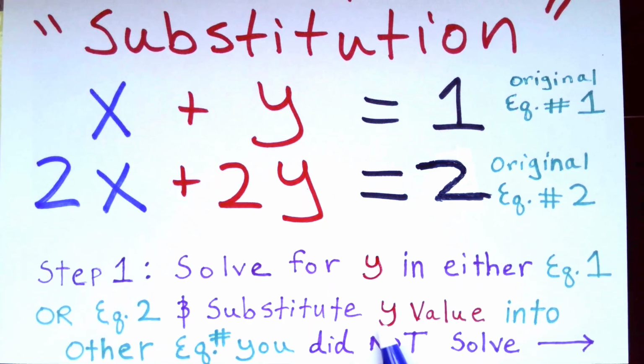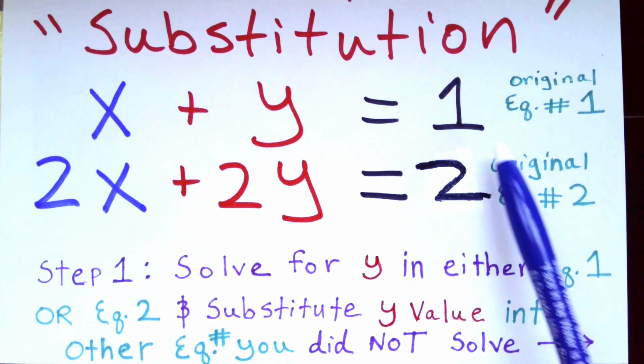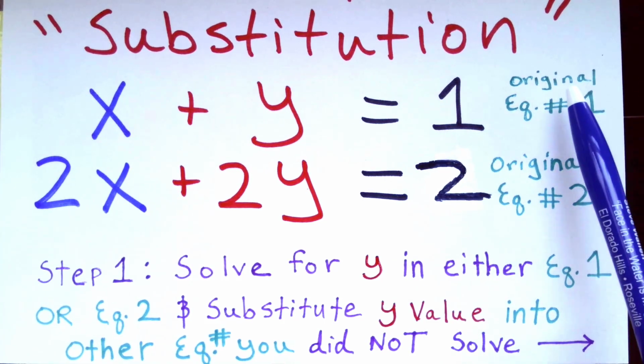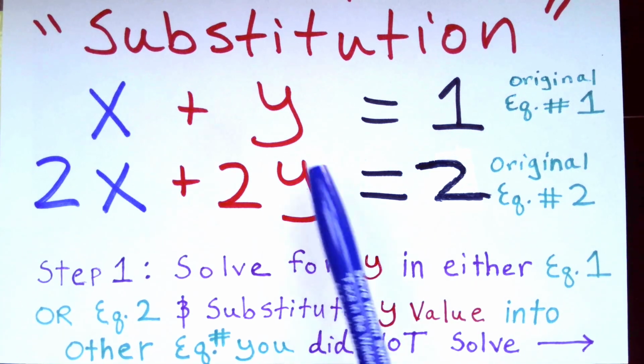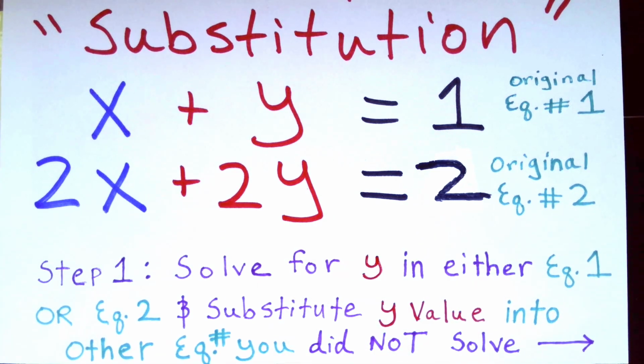Then you're going to substitute that value of y, what y equals, into the other equation that you did not solve for. So if I solve for y in equation 1, I'm going to substitute the value of y into this second equation. Let's see what that looks like.